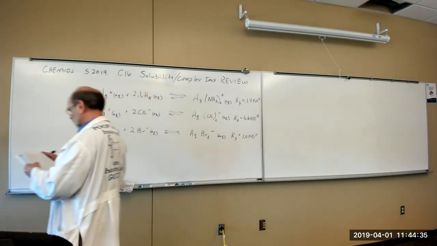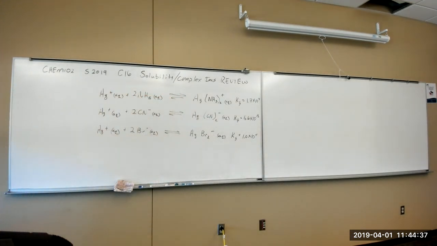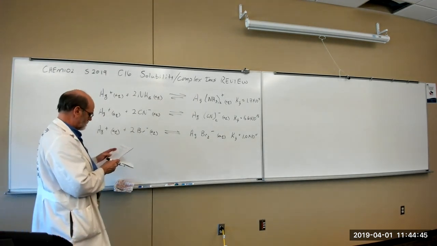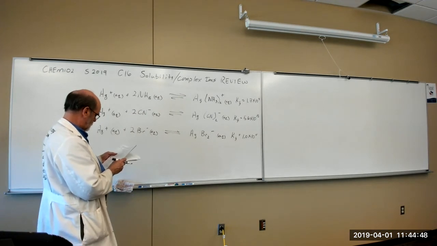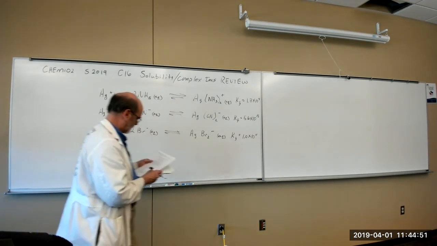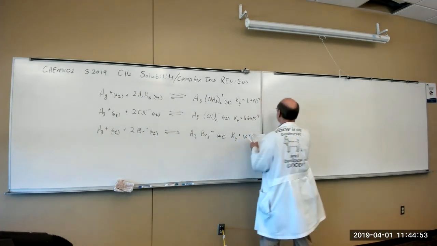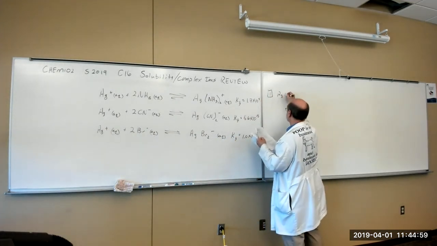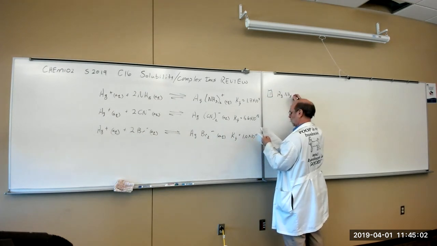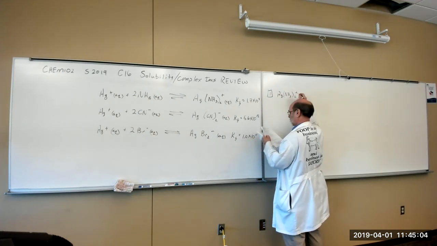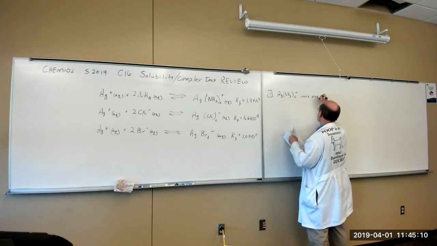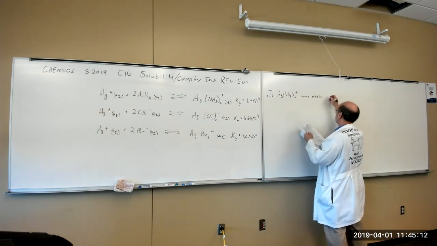Okay. Now, let me look, what was the question? Those are the 3 complex ions of silver. Which of the following is true? All right. 1 says this one is more stable than this one.